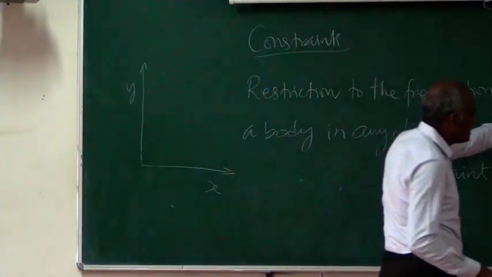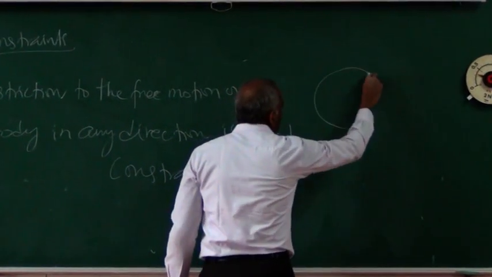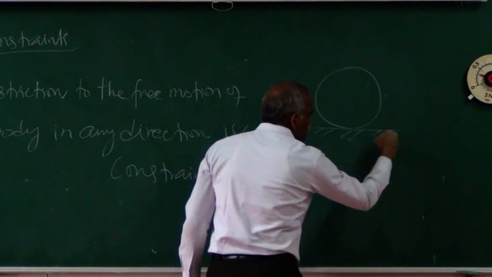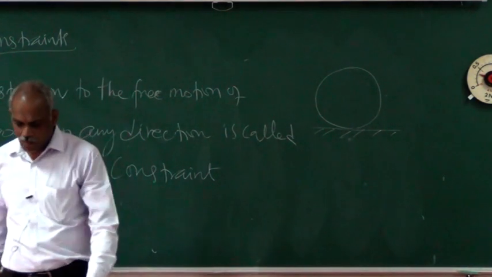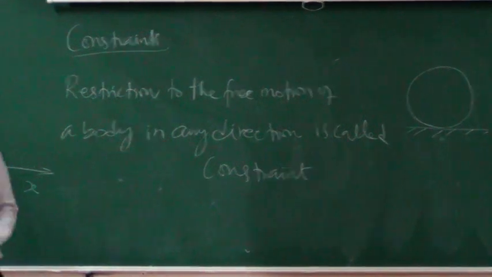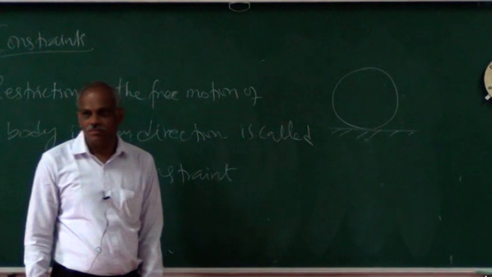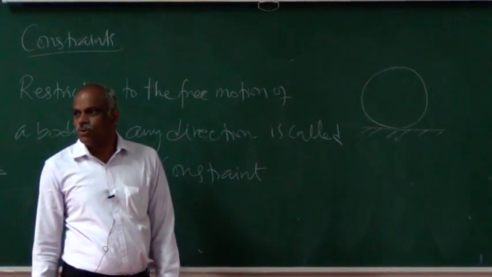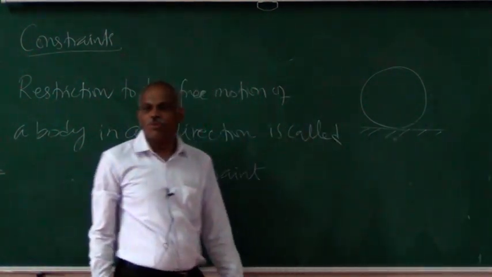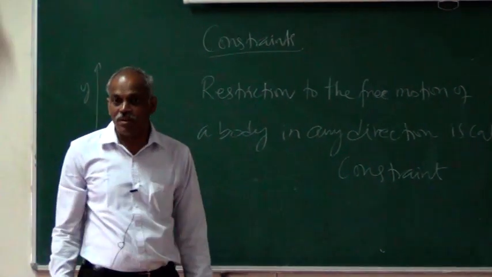In statics, if you think of a body, say for example a ball on a floor, it obviously cannot move downwards. So the freedom of the body to move downwards is restricted. So the floor is a constraint in the vertical direction, especially going down.